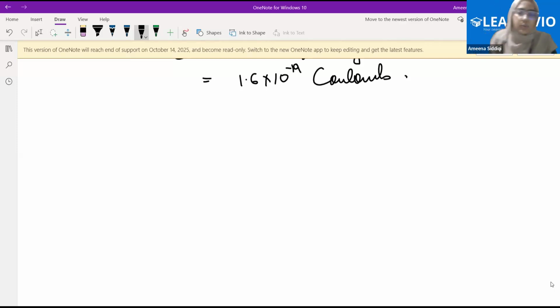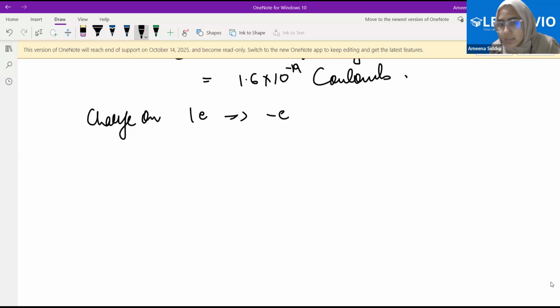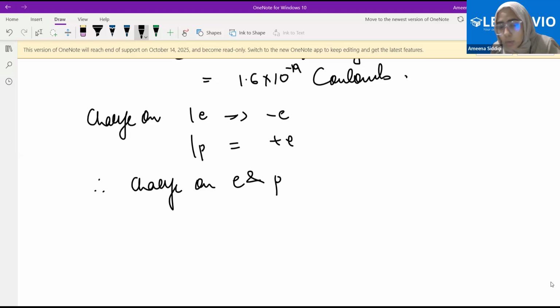Now see, let's suppose the charge on one electron is minus e, and the charge on one proton is plus e. So can I say, very important, the charge on electron and proton are equal but opposite.